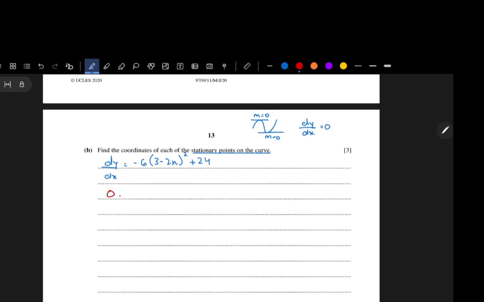dy upon dx equals 0, and this will give us minus 6 into (3 minus 2x) whole squared plus 24. Taking it on the other side, this will give us 6 into (3 minus 2x) whole squared equals 24.